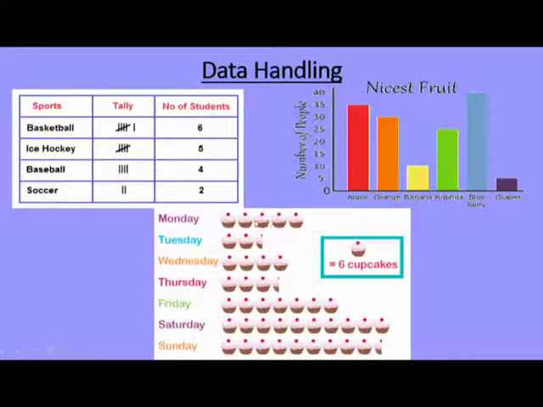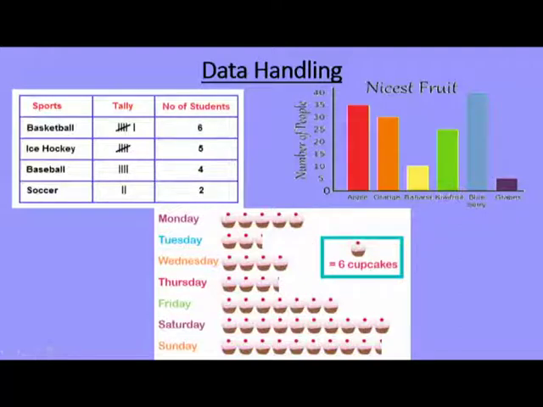So 1, 2, 3, 4, 5 times 6, 30 cupcakes were baked on Monday. 1, 2, 3, 4 times 6, 24 cupcakes were baked on Wednesday. So the difference between the number of cupcakes on Monday and Wednesday that mother baked is 30 minus 24, which is equal to 6.